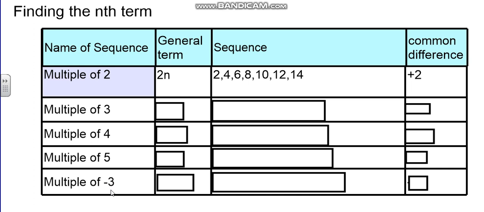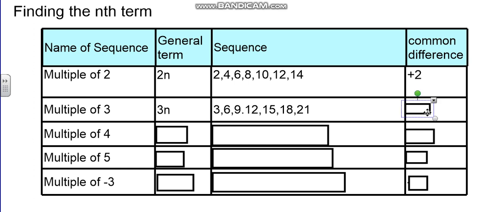Hopefully you've pressed play and you've got your answers filled in to check. Multiples of 3 would look like this. The sequence is 3, 6, 9, 12, 15, 18, 21, and so on.